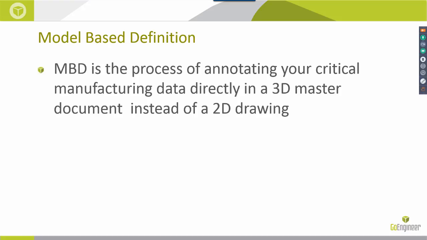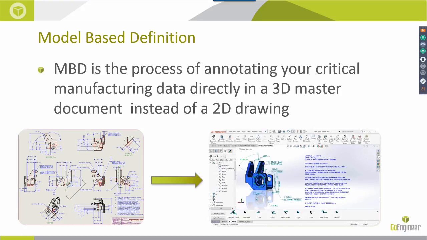As well as any other you'll have with GoEngineer, this is GoEngineer's definition of what model-based is: we're going to annotate our critical manufacturing data directly into our 3D model rather than putting that on a 2D drawing. That doesn't mean we're going to put every view, every annotation, every dimension that we've done traditionally on a 2D drawing and just transfer that into a 3D environment, because we feel like that would be at best a wash, maybe even a little bit cumbersome.